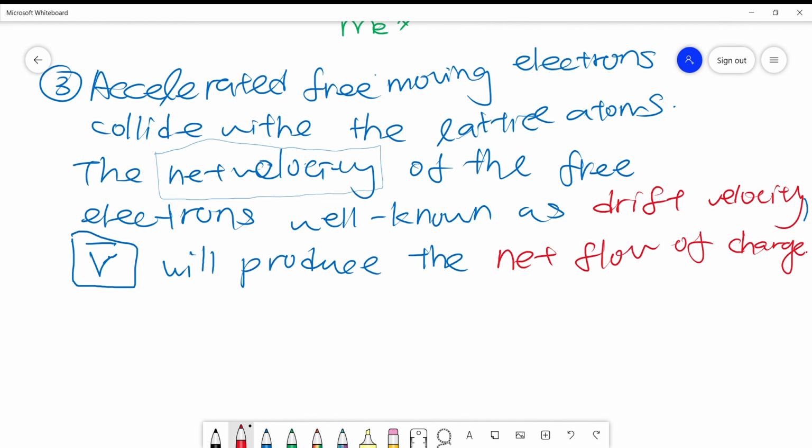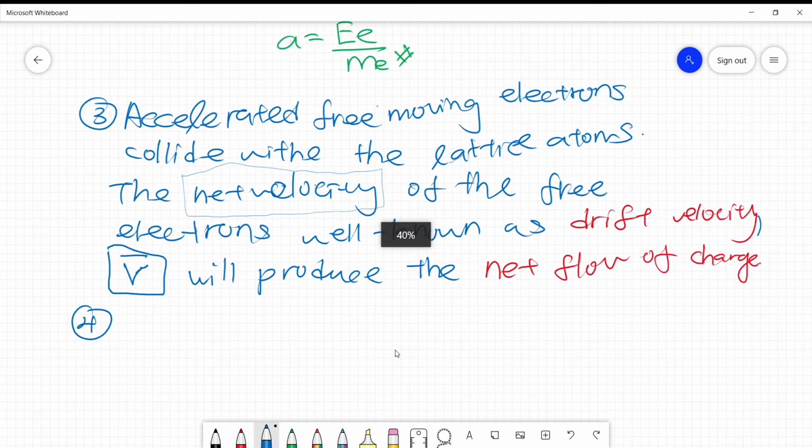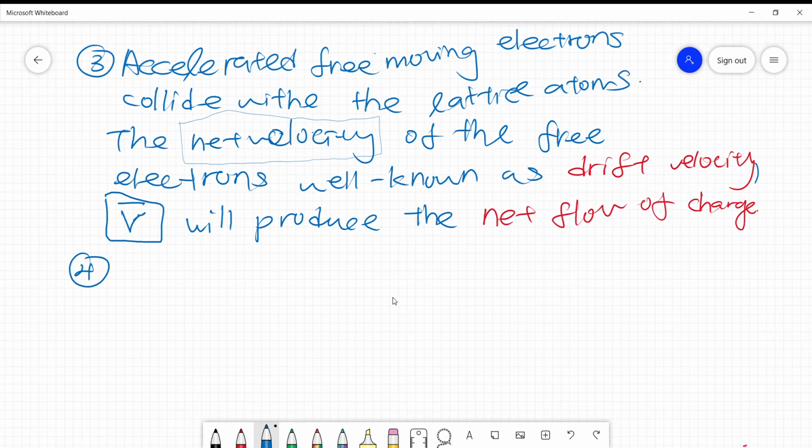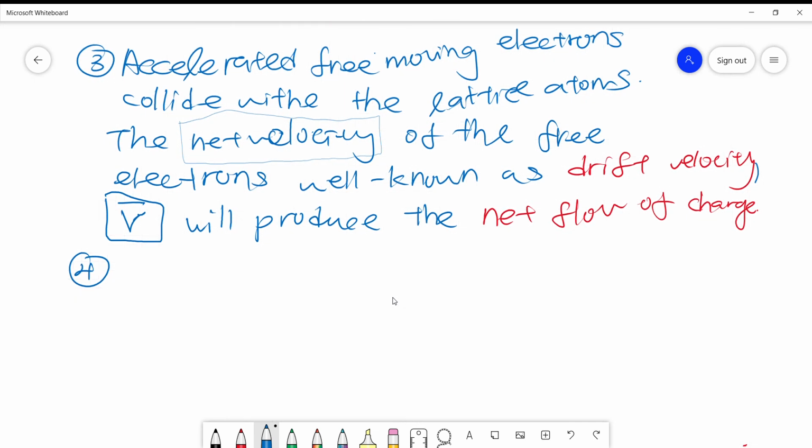Okay, so we discussed the direction of the electrons inside the electric field, from the chapter on electrostatics.